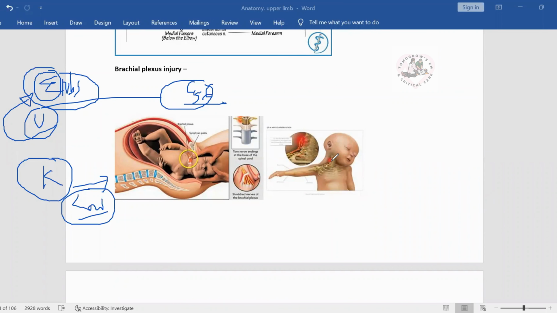Then there is compression in the upper root or trunk, especially upper root, C5 and C6. It will cause Erb's palsy.